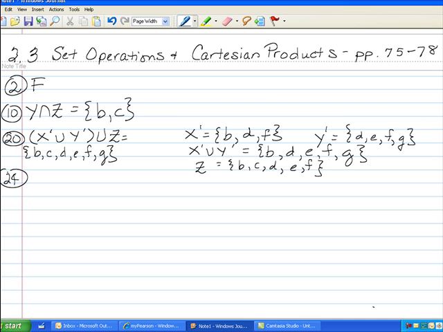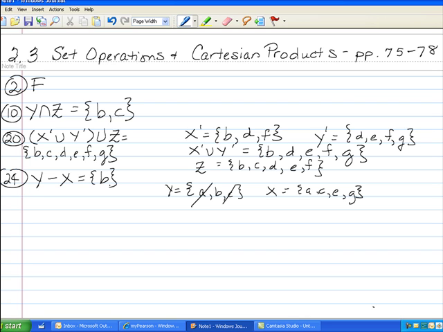In 24 we have Y minus X. Okay, and here's our set Y. Y contains A, B, and C. Set X contains A, C, E, and G. So what we want to do is remove any of the elements from Y that we find in X, since we're subtracting X. We find an A and we find a C, so that leaves only B. So we start with set Y and we just remove the elements we find in X.